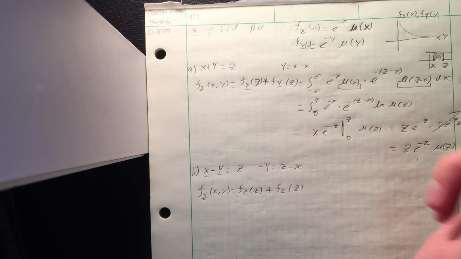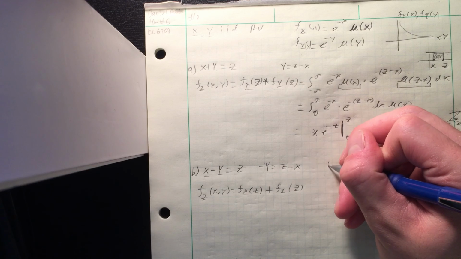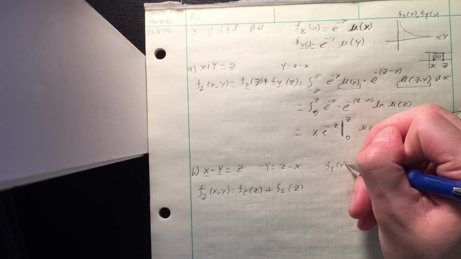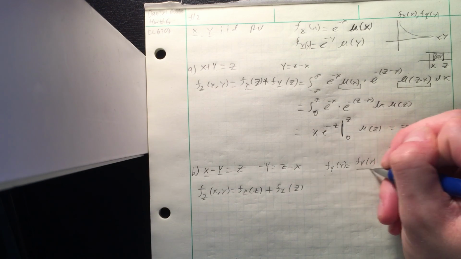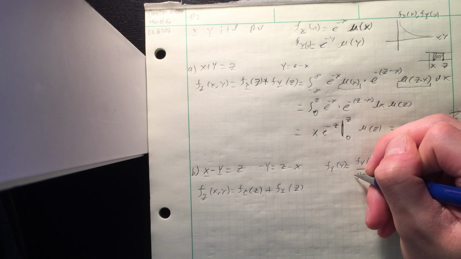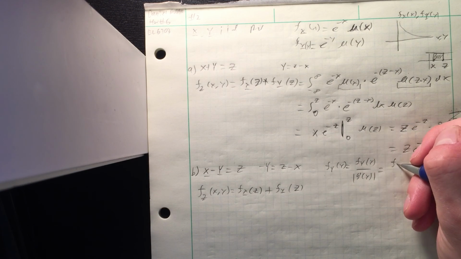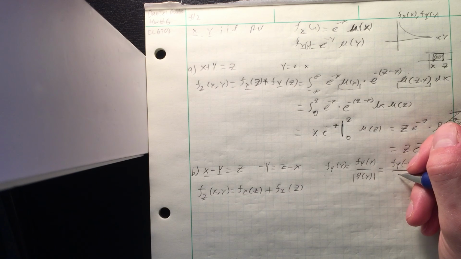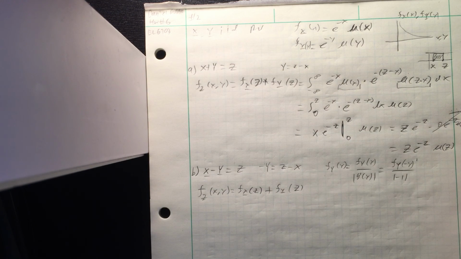Because of their independent random variable nature, we know that f of y is equal to f of y over g prime of y, value. So if you were to put a negative y in here, then the g prime of y would still be a negative 1, because y is the variable in this case.